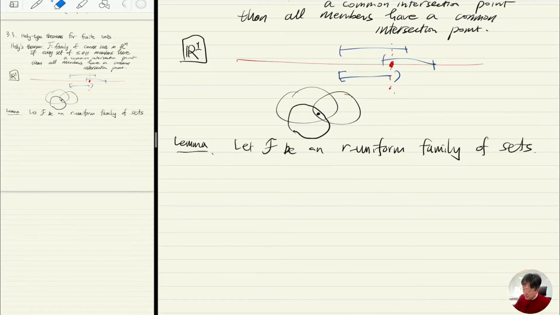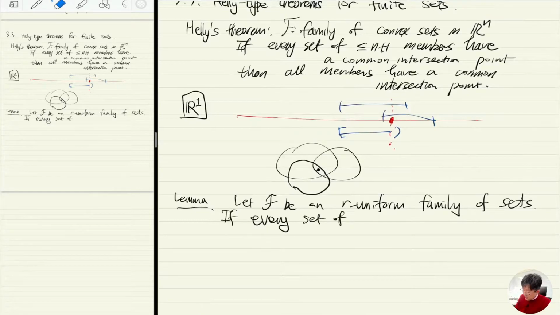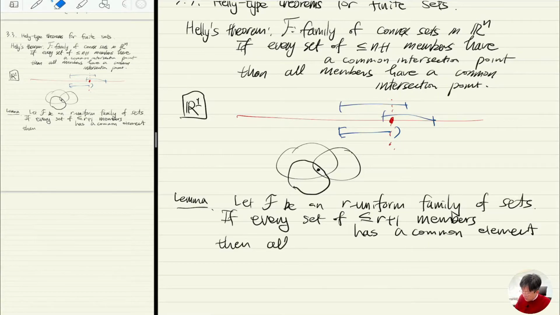If every set of r plus 1 members intersects, or has a common element, then all members have a common element.